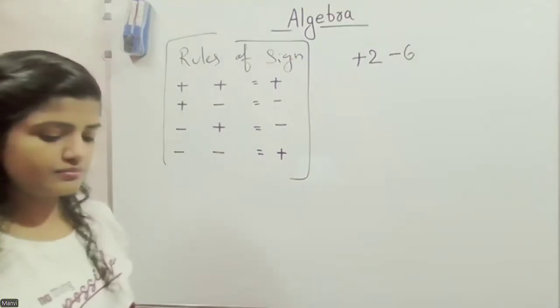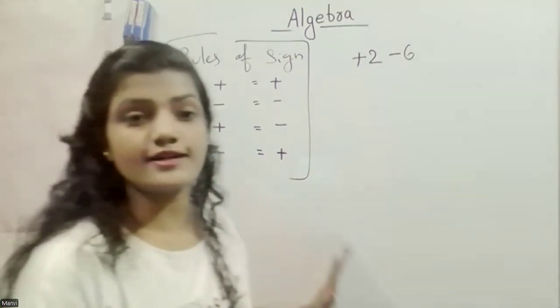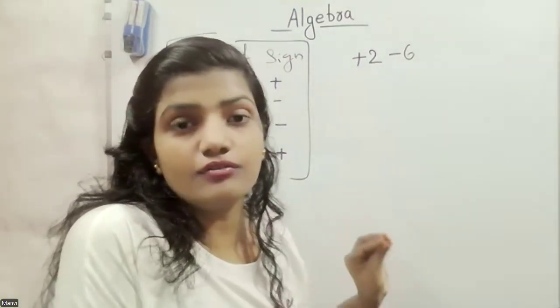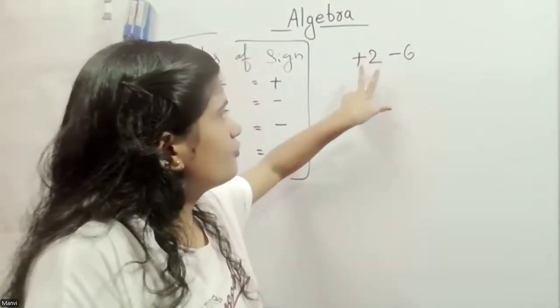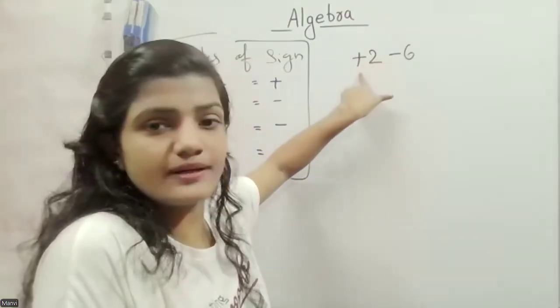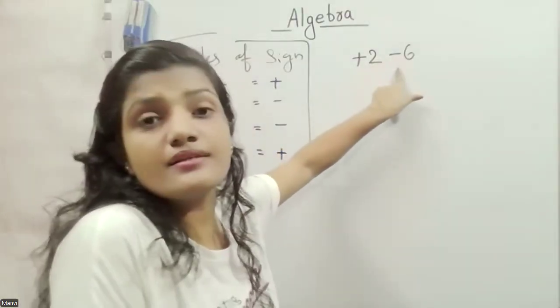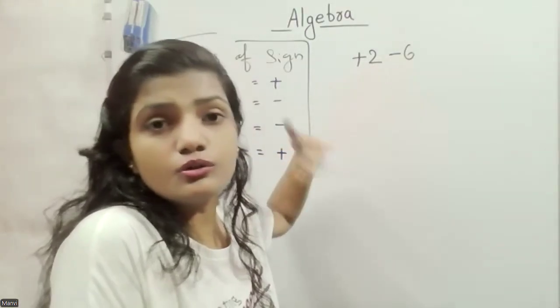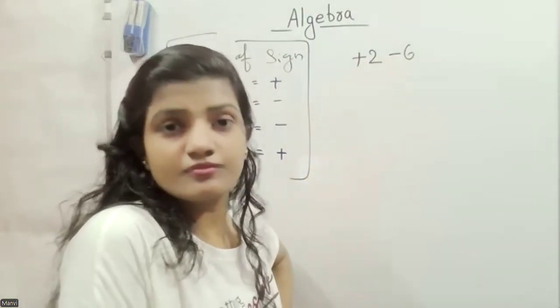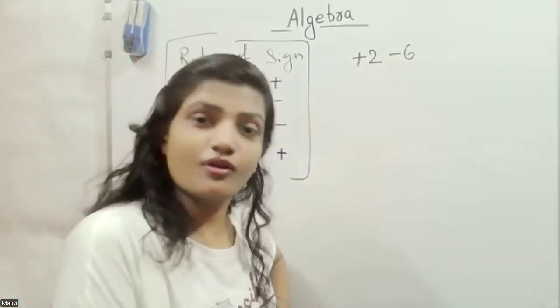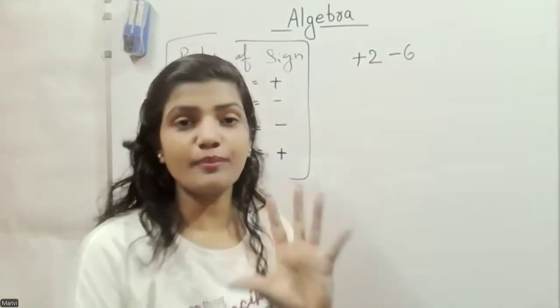So this time, always try to put the sign of the bigger number. Here you can see we have different signs, one plus and one minus, which means we need to do 6 take away 2, which is 4, and then it'll be minus 4 since the bigger one has the minus sign. Yeah, this is the main logic.